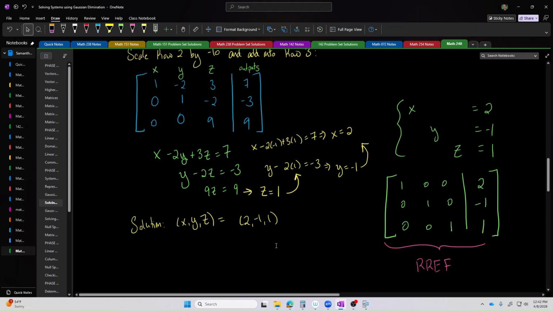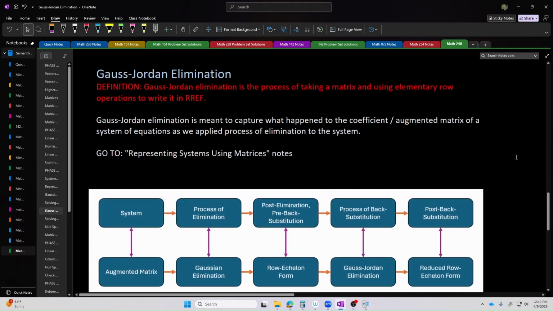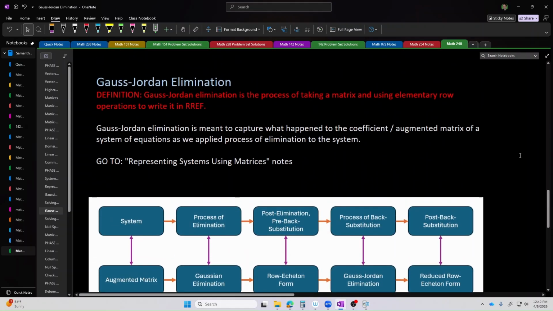So reduced row echelon form captures this highly simplified format of an augmented matrix after elimination has been completed and also after back substitution has been completed. Once again, Gauss-Jordan elimination is the process of taking a matrix and rewriting it in reduced row echelon form, in the same way that Gaussian elimination was to rewrite it in row echelon form.